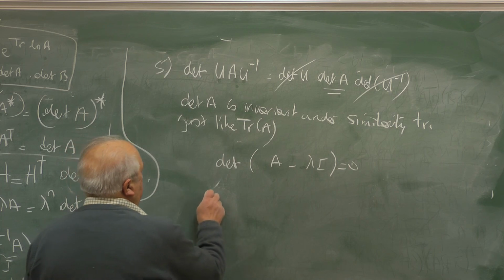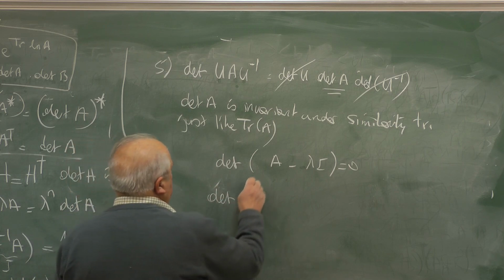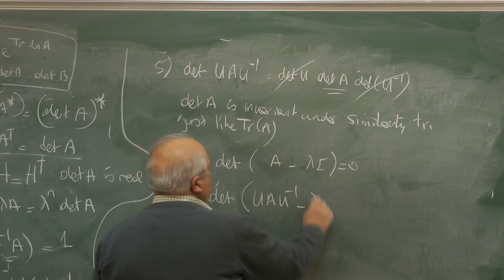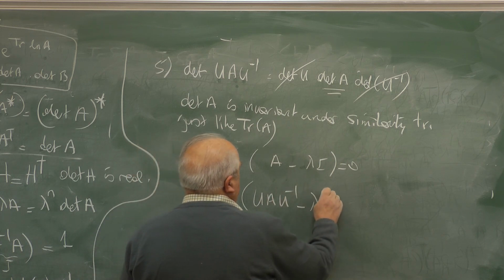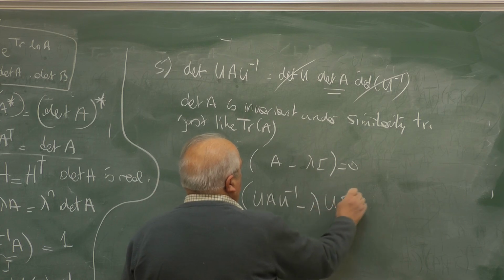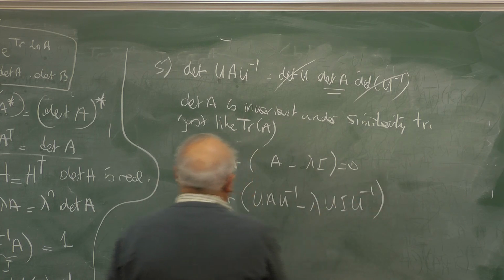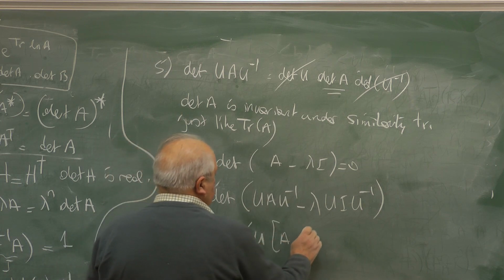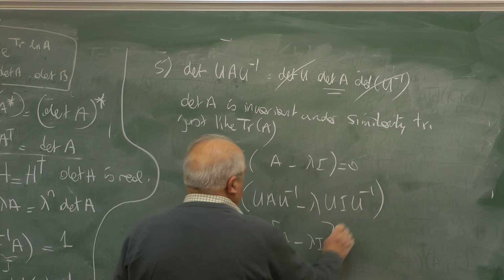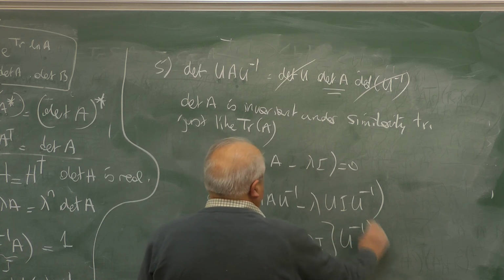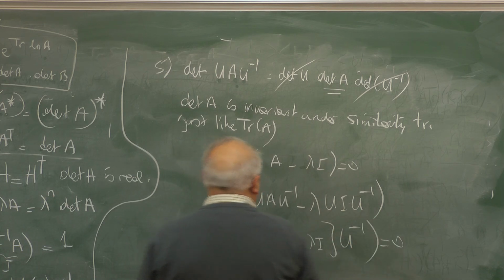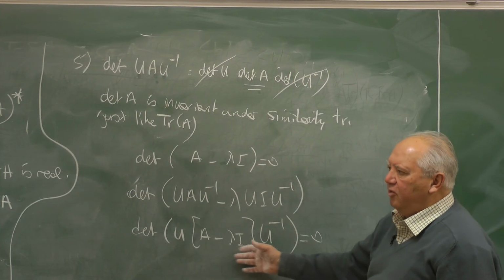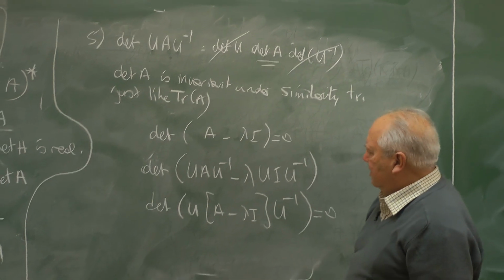But we can write it like this: determinant of U A U inverse minus lambda, where lambda is a number, U I U inverse, which is determinant U (A minus lambda I) U inverse. We set it equal to 0. So this determinant is 0 in any coordinate frame. So you pick the coordinate frame where you can solve the problem easiest.